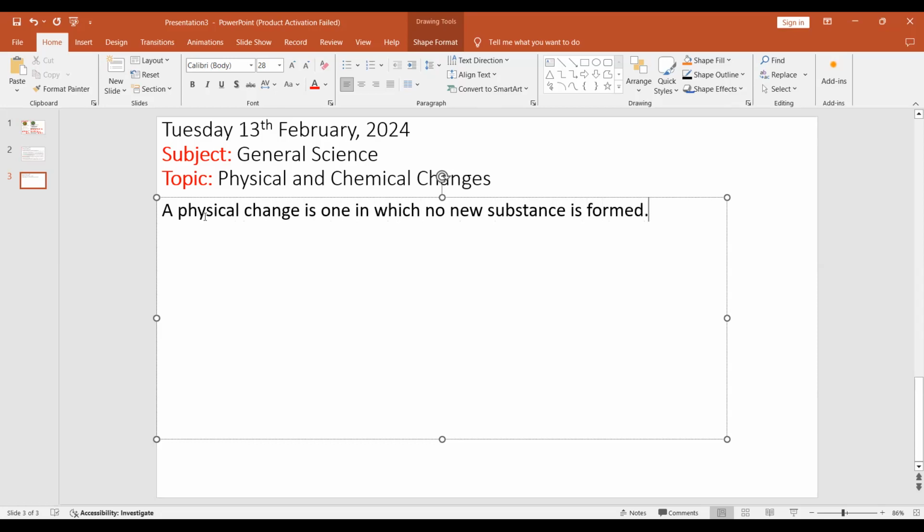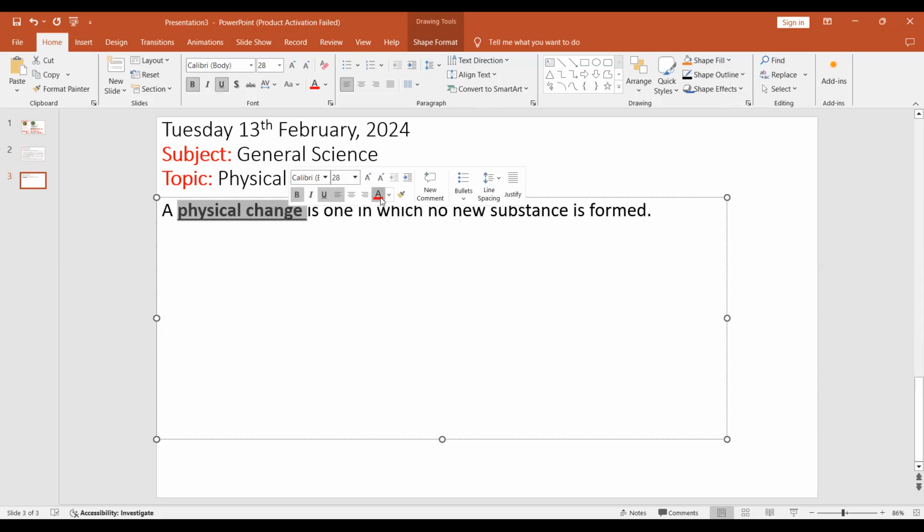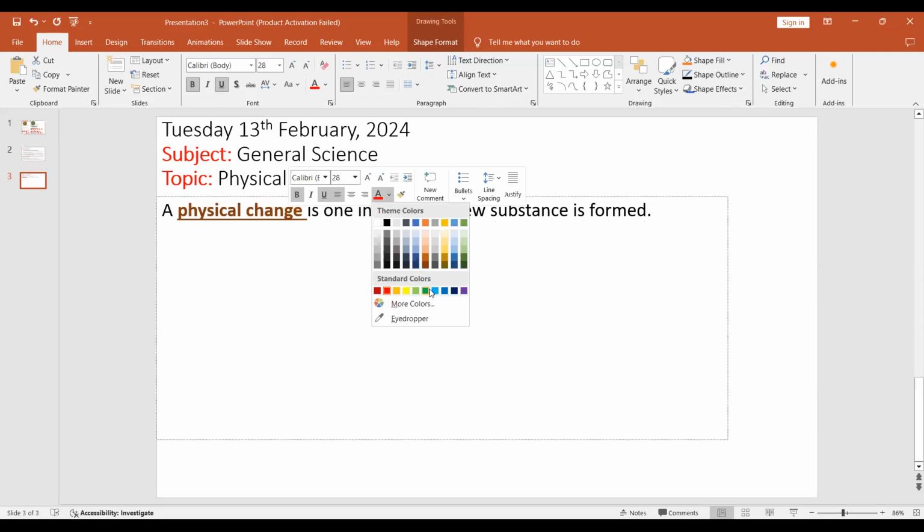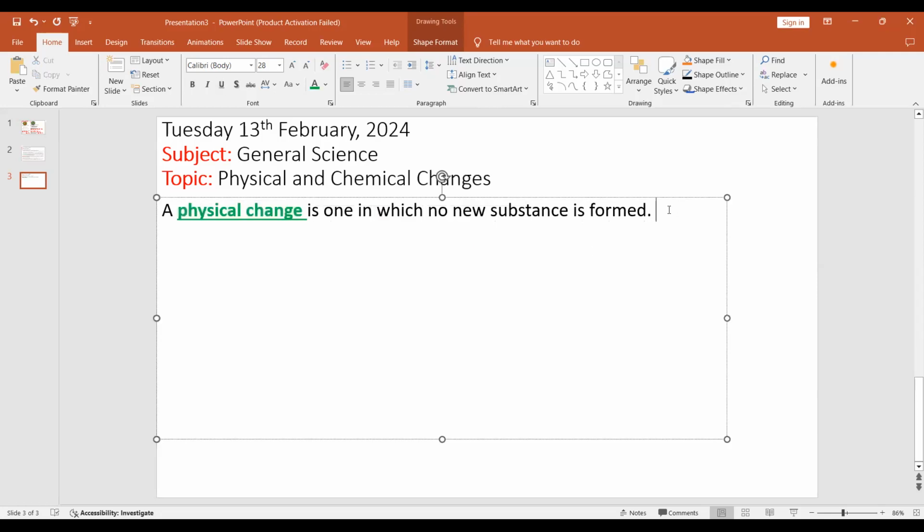That's one of the hallmarks of a physical change. As a general rule, when we're dealing with physical changes, we don't have a new substance being formed. It is sometimes called a temporary change.